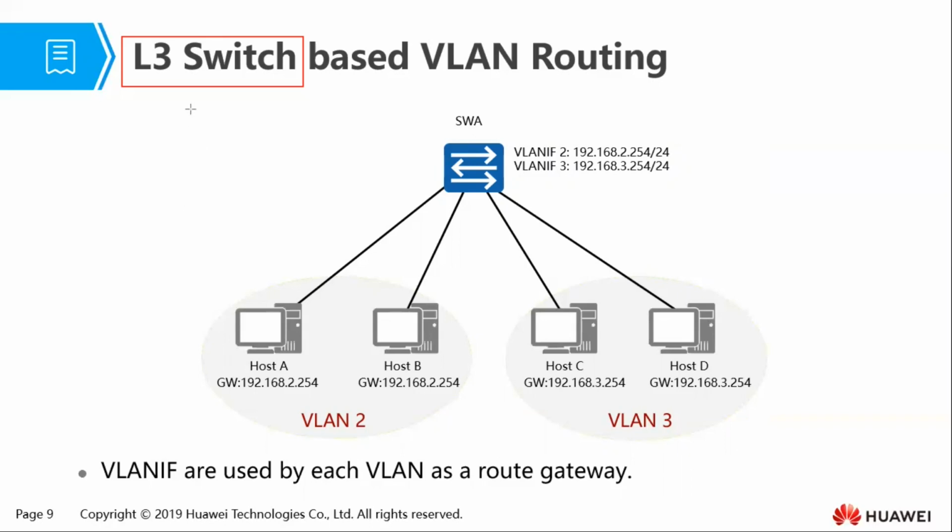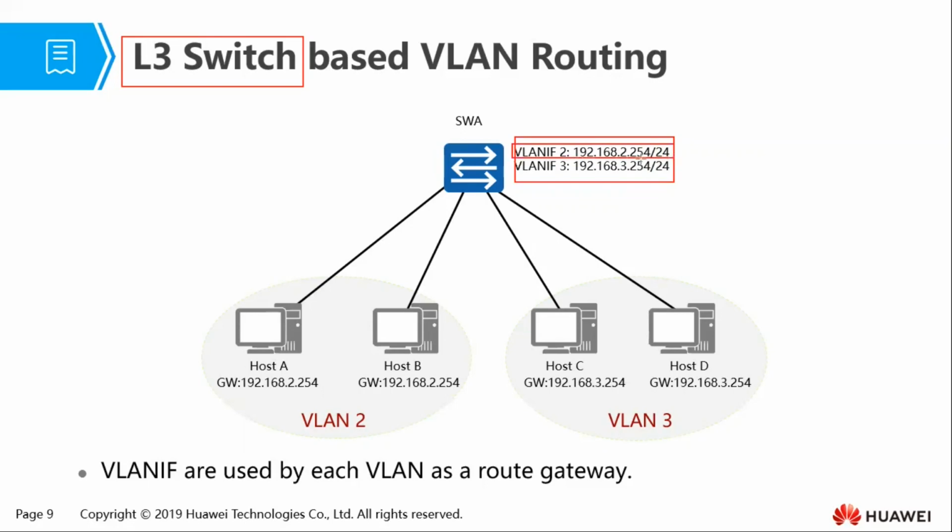Now, whenever you use a layer 3 switch, you'll need to configure what we call VLAN interfaces, also known as VLAN ifs. So you need to create a VLAN if for each VLAN and assign it an IP address.